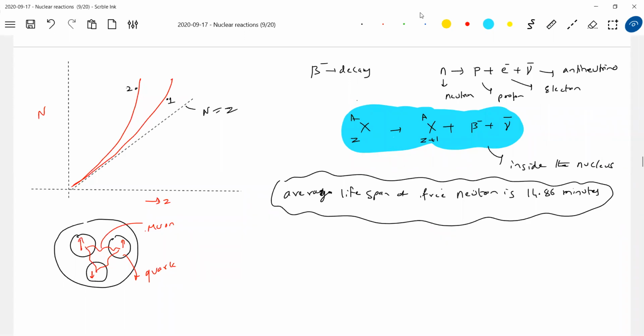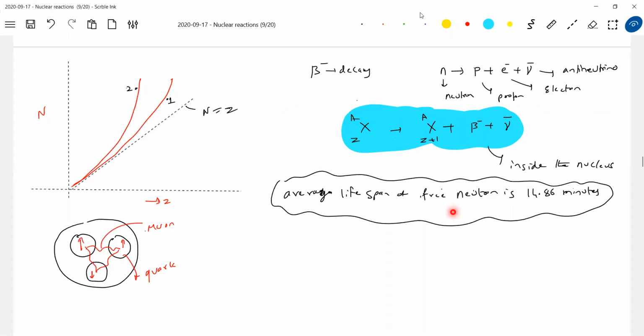It will enter into stability. Not only this, even uranium will undergo beta decay. This I'm just giving as a classical example. All radioactive substances will undergo alpha, beta plus, beta minus decay.